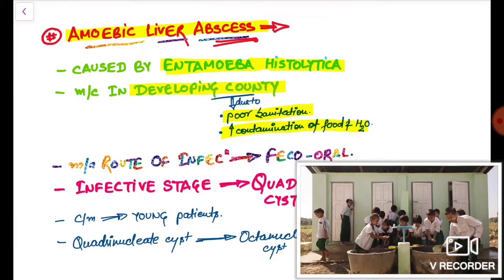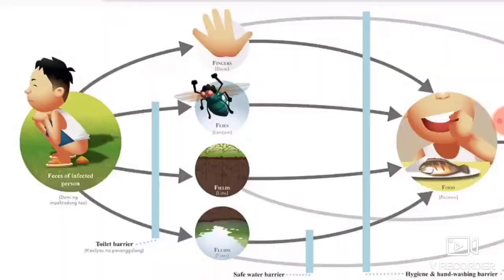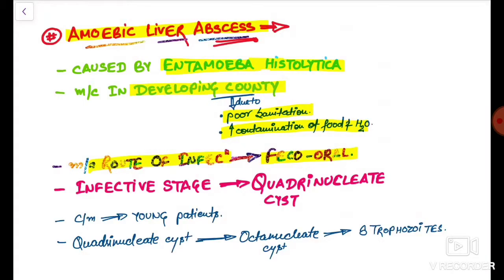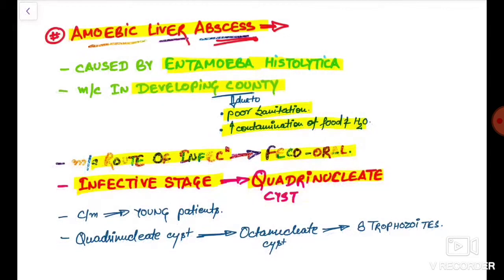The most common route of infection is the feco-oral route, and the infective stage for humans is the quadrinucleate cyst. This disease is common in young patients.